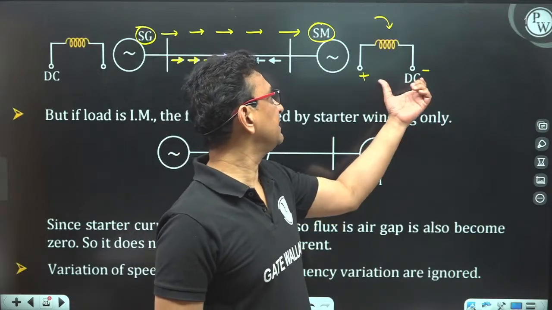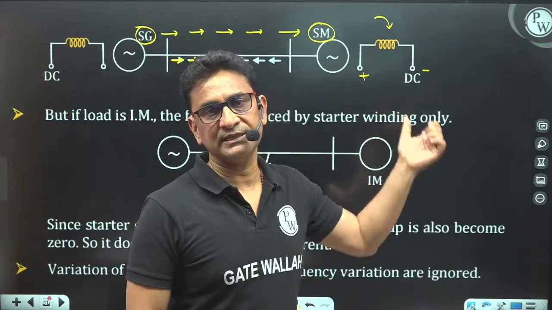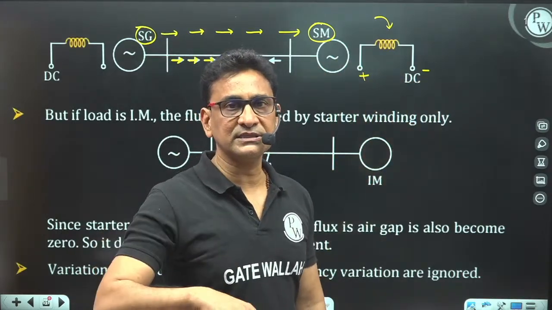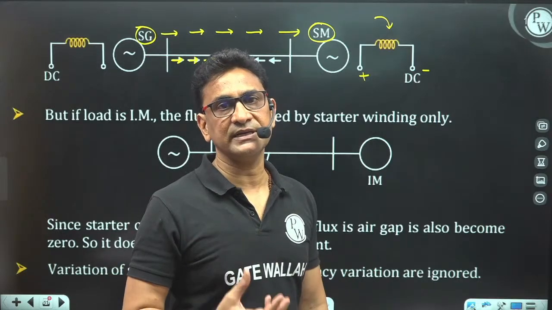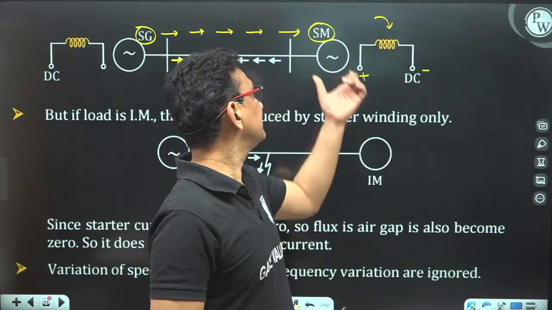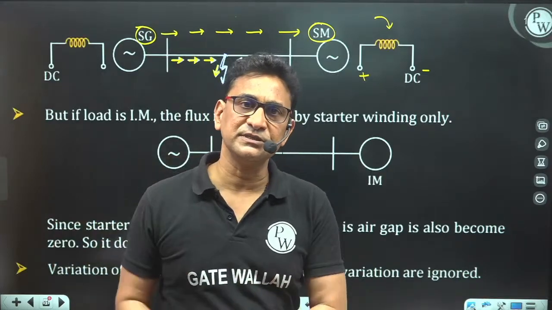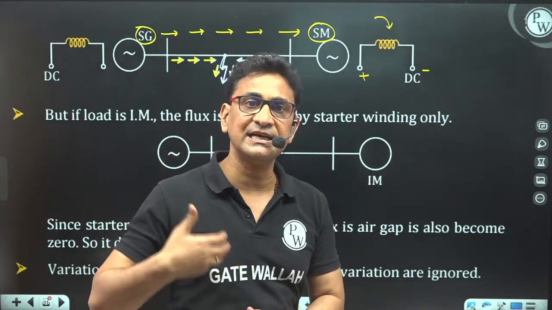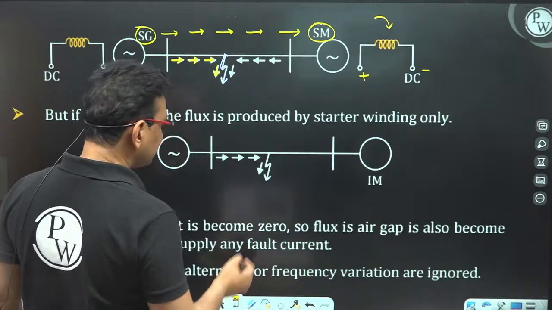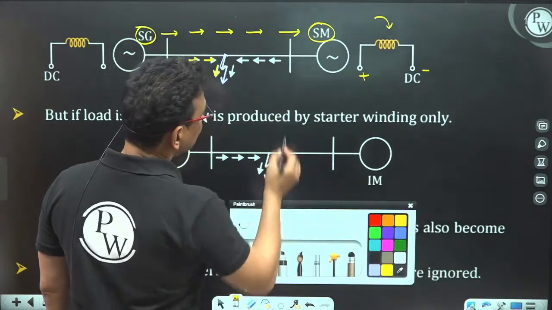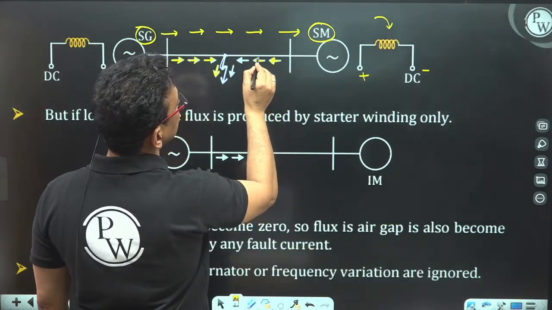So we have a magnetic field and the rotor is rotating. That means this synchronous machine will now start working as a synchronous generator. So the synchronous motor will convert into a synchronous generator. Once it converts, it will start giving electrical power. So this will also feed the fault current.